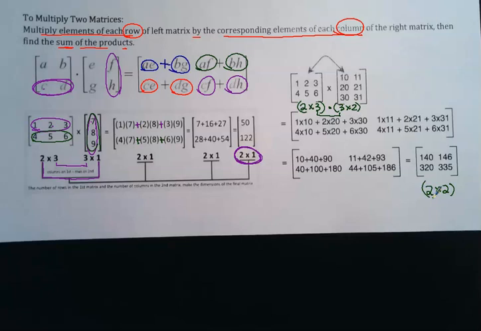And it walks you through every step just like the other one did. So you can go back and reference these if you get stuck. You have 1 times 10 right here, and then 2 times 20 right here, 3 times 30 right here. Then you're going to move over to your second column, 1 times 11, 2 times 21, 3 times 31, okay?